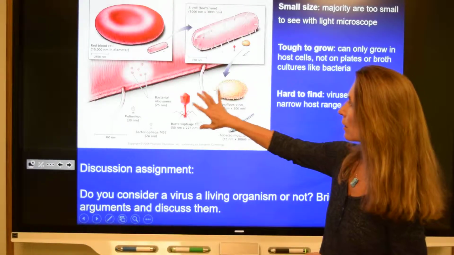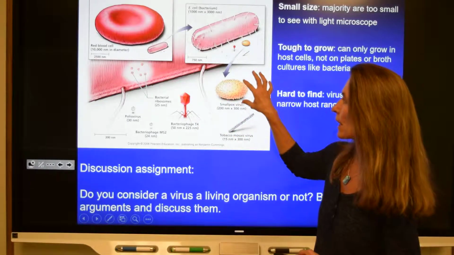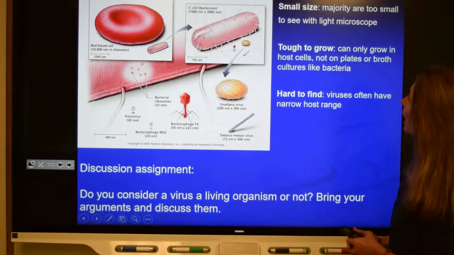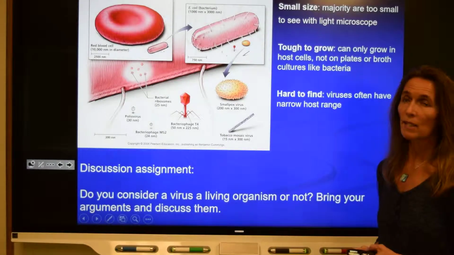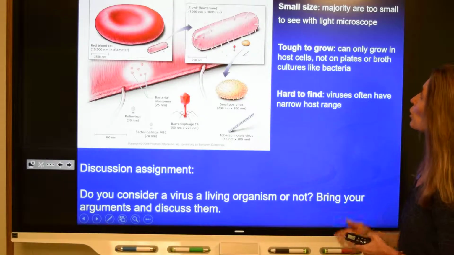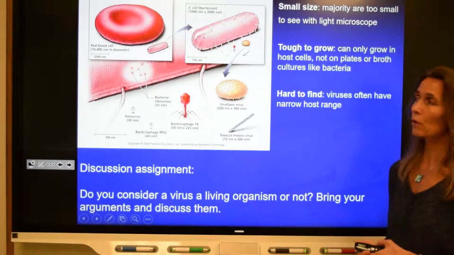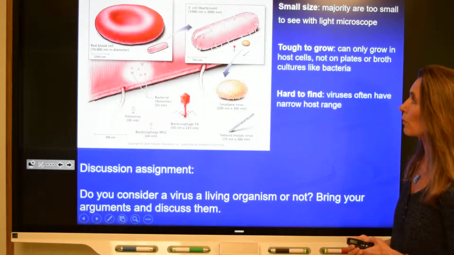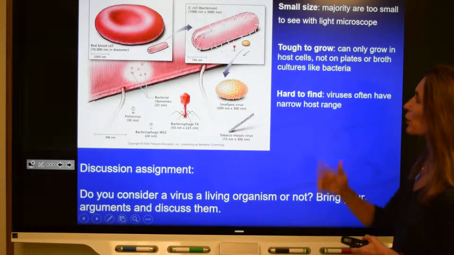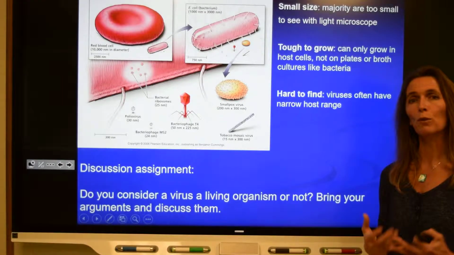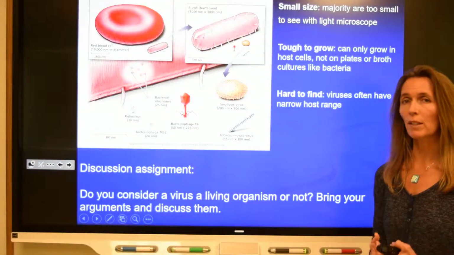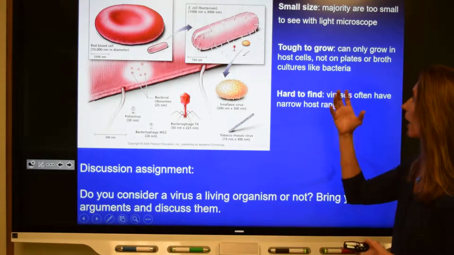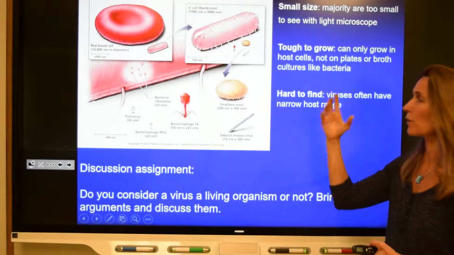So viruses can look very different and obviously are very specific for the host cell. They have a very small size. The majority are too small to see with the light microscope, and so electron microscopic methods need to be utilized in order to visualize them. Then they're very tough to grow. You can't grow them like you grow bacteria in bacterial cultures in the petri dish. They are very specific for the host cells within which they grow.